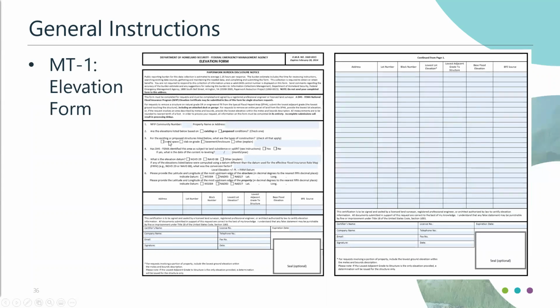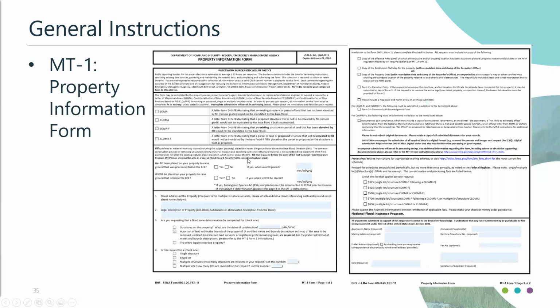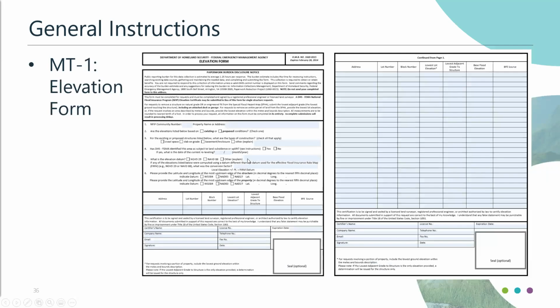For any existing or proposed, you select the same type of information that was on the MT2: what type of structure it is, if it's crawl space, slab on grade, basement. The datum stuff that we talked about is all very much the same. It's just a slightly different form.